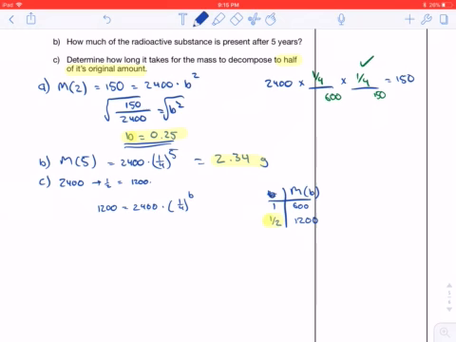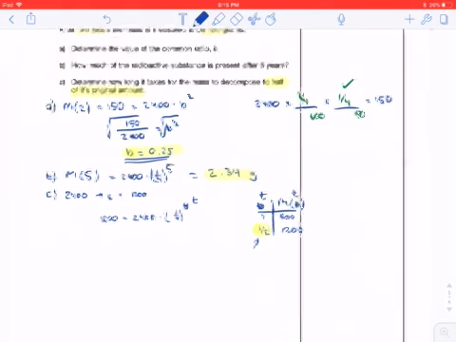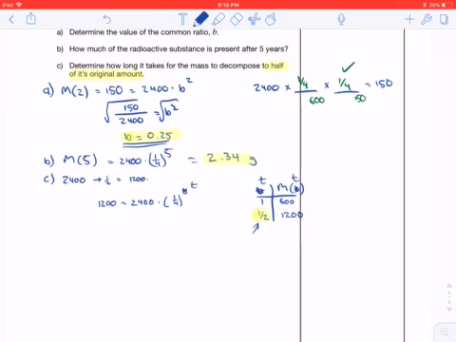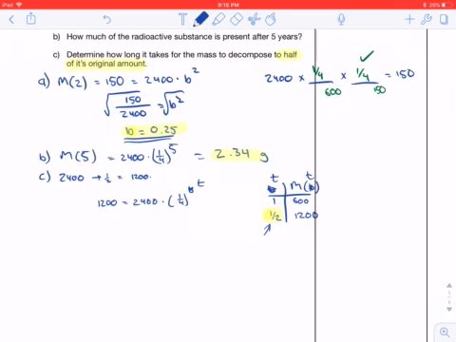Sorry, I've been saying b here. This should be time. So in this case, what we find is that when we have a time of 1/2, our mass decomposes to 1200, and the units here are grams, which is half its original amount.